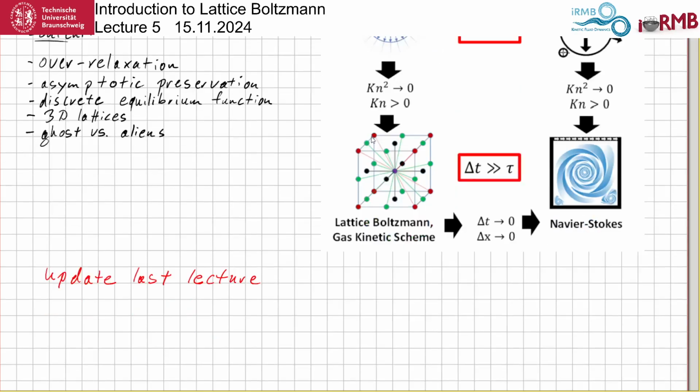So I said I could not explain. We had this problem that I was basically saying that c_s squared is proportional to 1 over Mach, and I could not explain why this is the case.